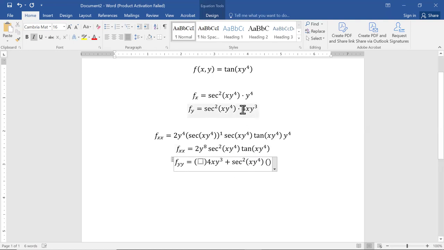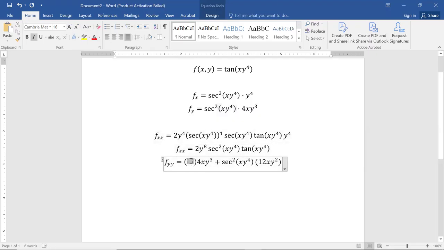Now the derivative of this second component is going to be 3 times 4, that's 12xy squared. And so that part's good. That part's pretty easy.